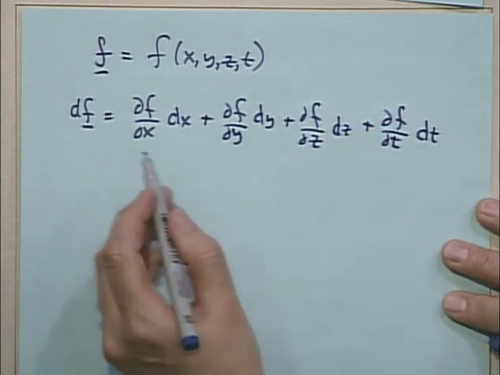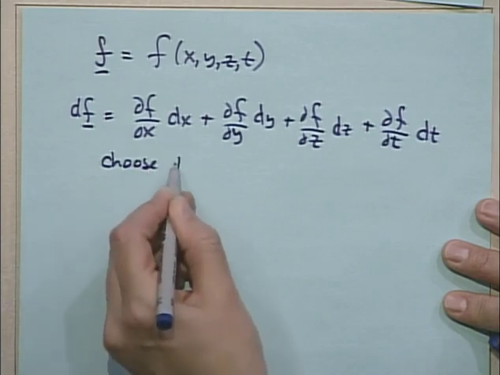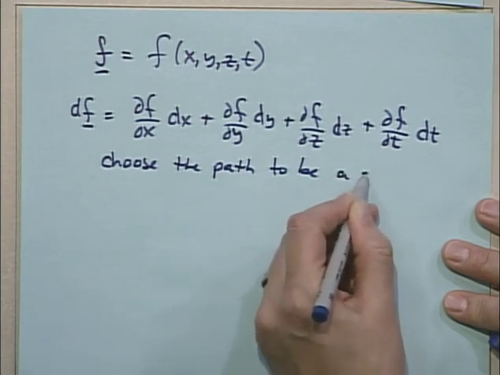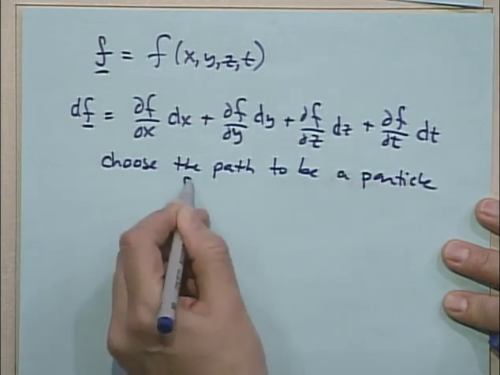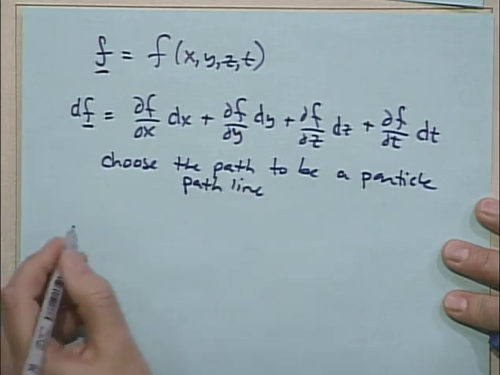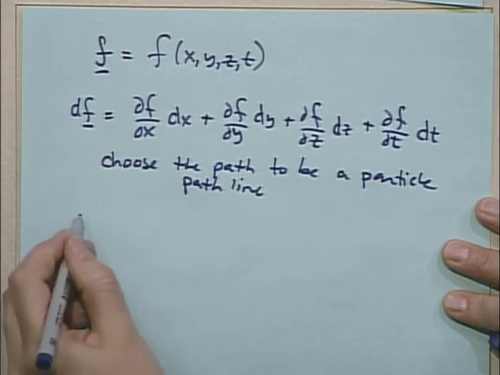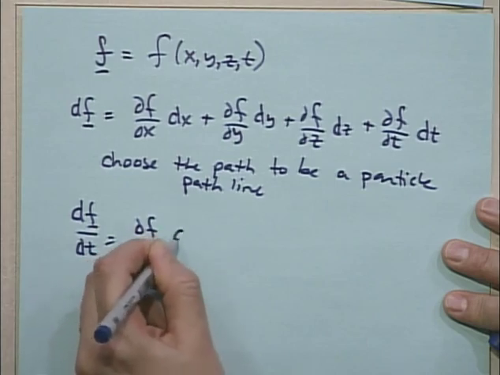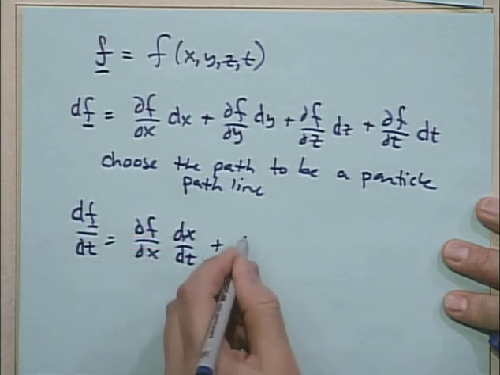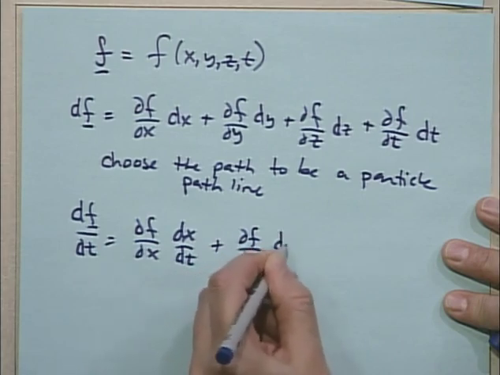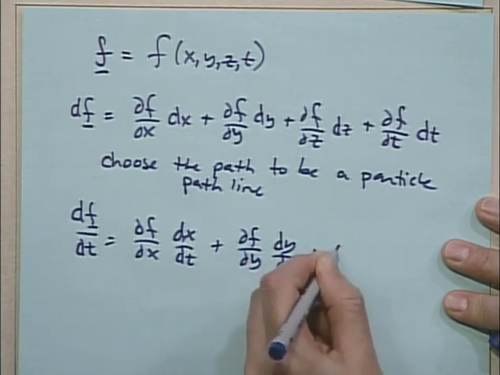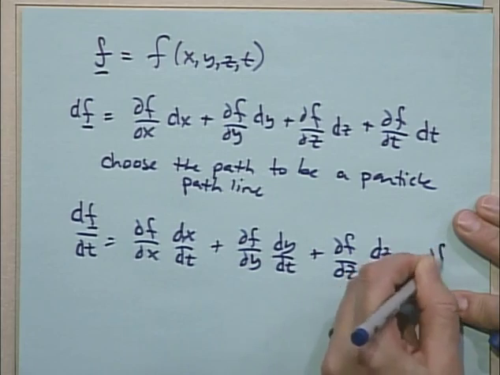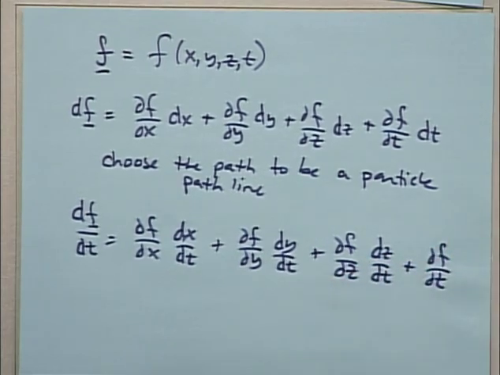If I now choose the path to be a particle path line, then I can also divide through by dt, and I get df dt equals partial f partial x dx dt plus partial f partial y dy dt plus partial f partial z dz dt plus partial f partial t. So all I've done there is divide through by dt.